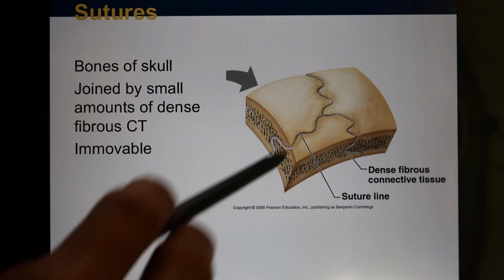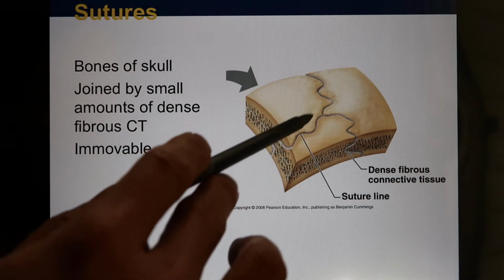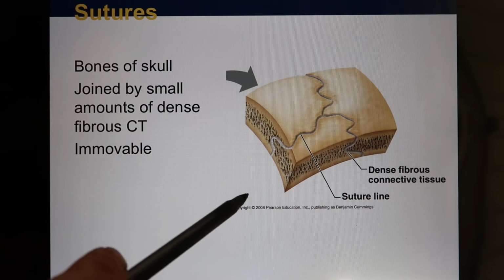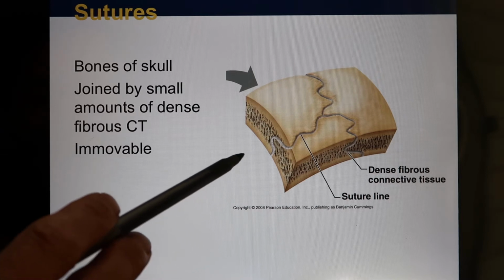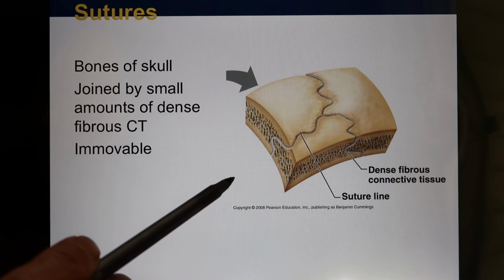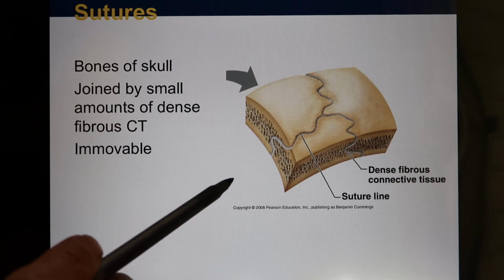We talk about the suture in the bone part, but suture is between bone and bone, so by definition it's a joint as well, so it's a completely immovable joint. And in the joint, if you choose flexibility, you lose stability, and if you choose stability, you lose flexibility.